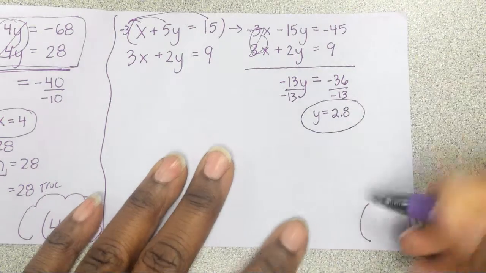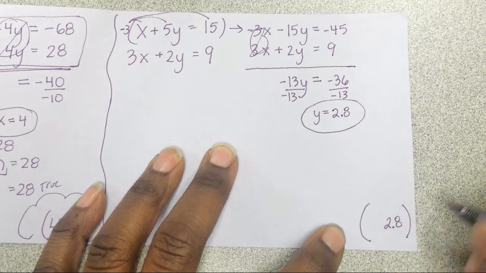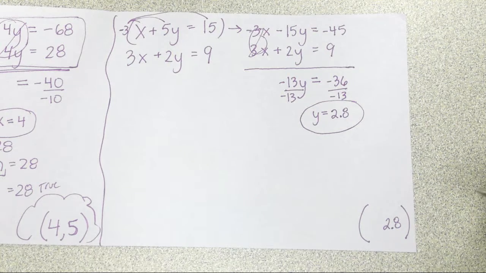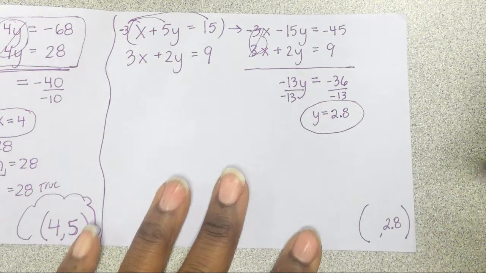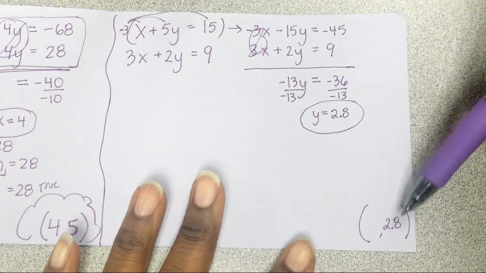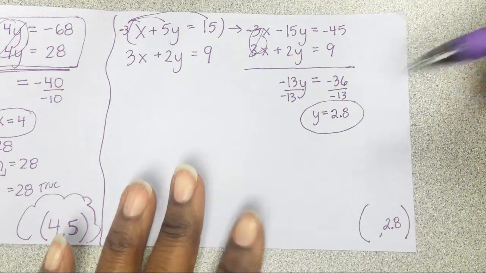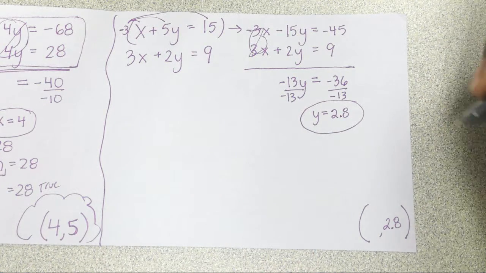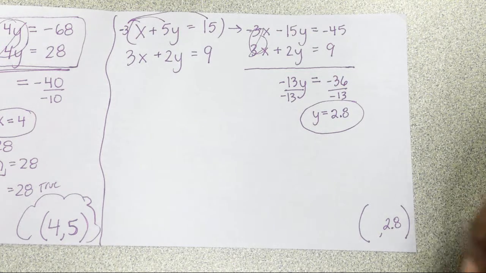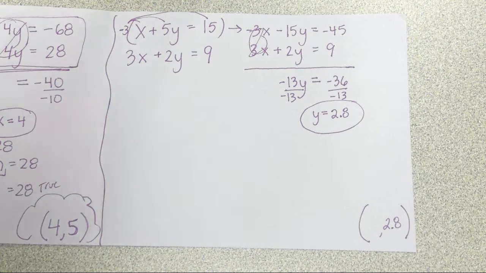Don't be alarmed, because you will see a decimal problem on your test. There may be a decimal answer. And if you don't see the decimal, remember Math Enter will change it back to the fraction for you if you need a fraction. However, it's a lot easier to plug in the decimal.